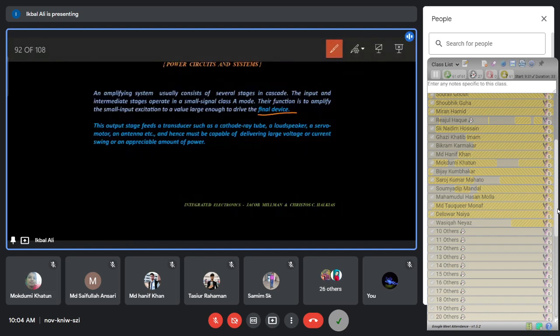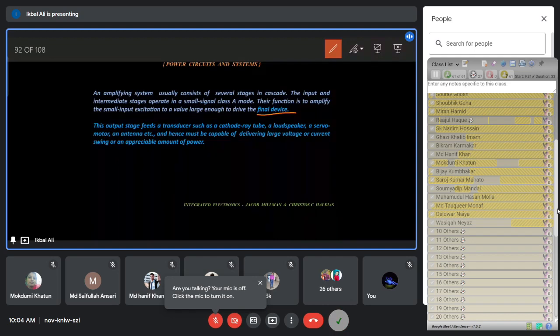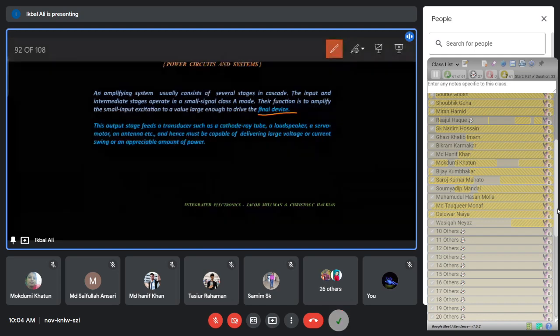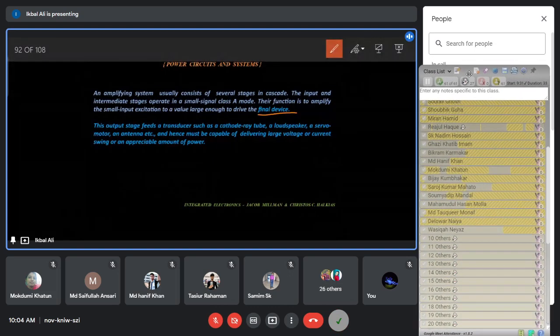This output stage feeds a transducer. That final device is actually a transducer. That means if it is a speaker, then it is an electrical to sound energy conversion transducer. That transducer converts the electrical signal into a sound signal, such that you can hear the signal.